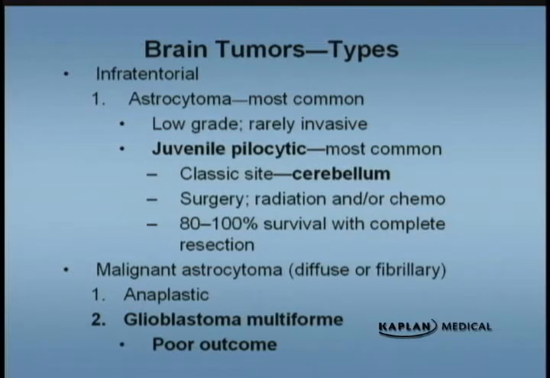They are rarely invasive, so you get to them, you have a pretty good prognosis if you can get the whole tumor out. The most common of them is the juvenile pilocytic astrocytoma, and the most common site will be the cerebellum. These patients require surgery and then radiation and or chemotherapy.